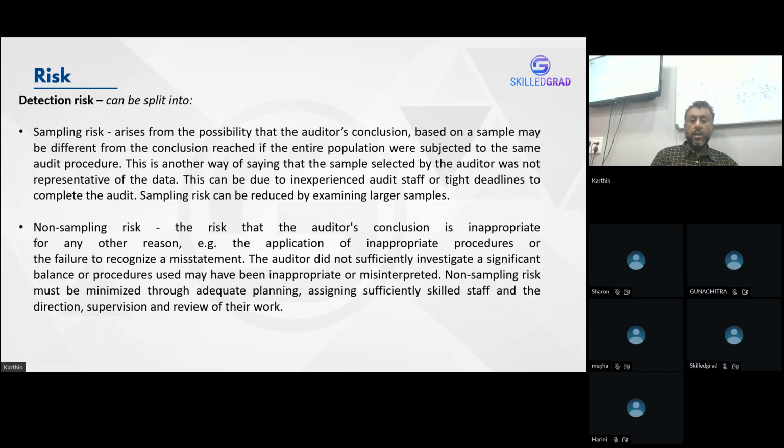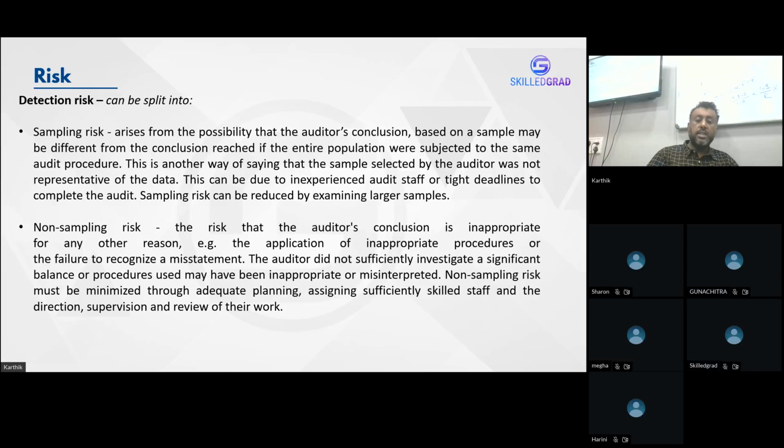Sampling risk can be reduced by selecting more samples, larger samples, or testing a sample which is a true representative of the overall population. For example, total 100 sales transactions have happened, amounting to 100 crores of revenue. At least check some transactions which cover 80%, 90% of the revenue. That way you can eliminate a lot of risk. Clear? What is sampling risk?